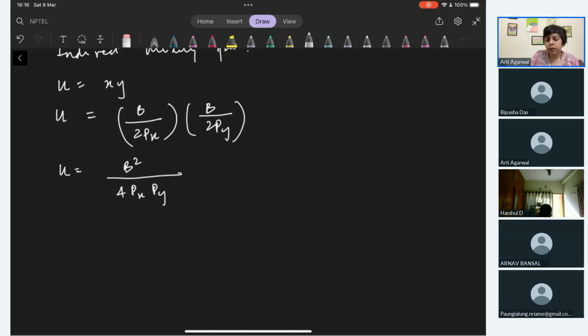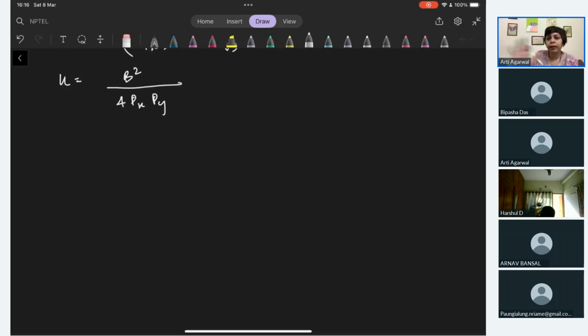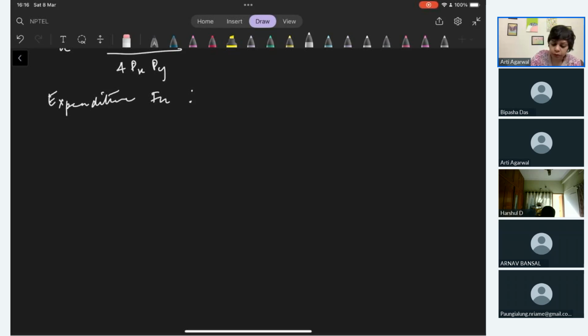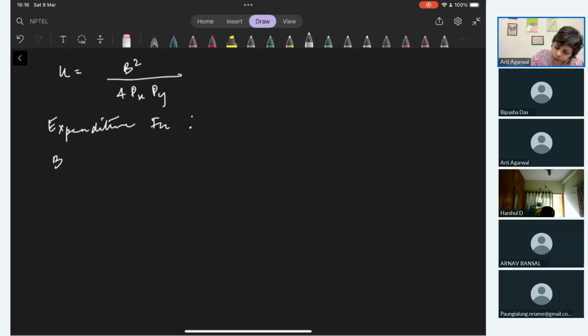Okay, next, what can we do from here? Similarly, we can just rearrange the terms to get b as a function of utility and prices, instead of utility as a function of budget and prices, which we call the expenditure function. We're not doing anything else, we're just rearranging the terms here, right? So this is b square is equal to 4u px py.